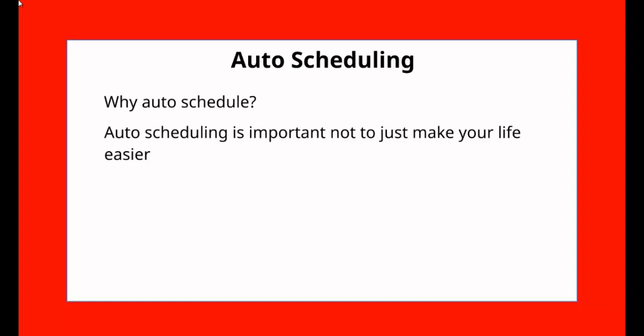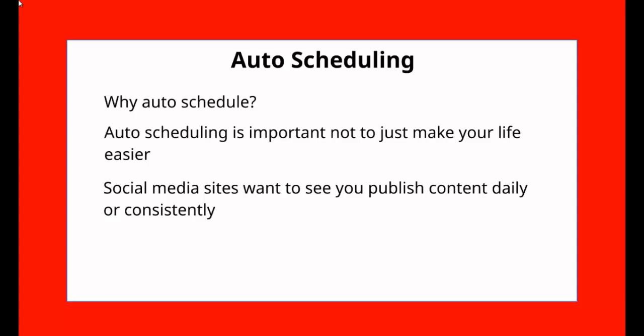So as you can imagine, auto scheduling is important to make your life a lot easier, but it's not just that. As you are aware of social media sites like Pinterest, like Facebook, Instagram, and more, these sites like to see you publish daily or on a consistent basis. And not just that, as you can imagine, your audience that comes to follow you, they're looking to hear from you on a day-to-day basis.